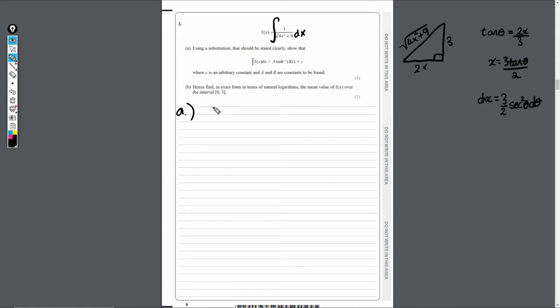So, what I've got now is dx over the square root of 4 lots, squaring x now, so that's going to be 9 over 4 tan squared theta plus, I've got the 9 as well, plus 9. Okay, so I underestimated just what I needed there for that, so there we go. And don't forget, this is going to be with respect to theta once I put my dx in, okay?